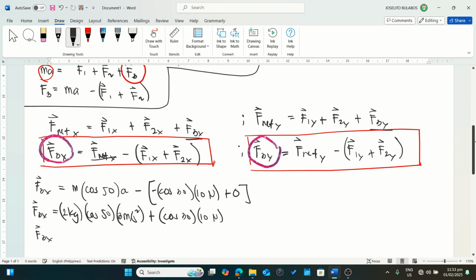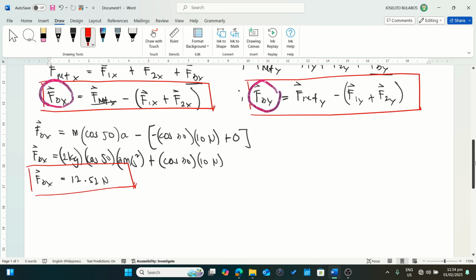So let us use our scientific calculator and solve for this one. 12.5052 Newton. Okay, so this is the force along x direction of our F3. That's 12.52 Newton.